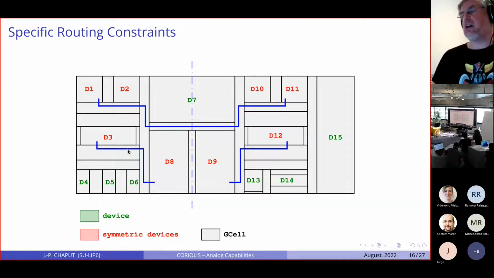Because often in analog design, it is not the absolute value which is important, it's the differential value. You can tolerate that a value can change inside an interval, but what you don't want is that two identical values stop being identical. So this is why we have symmetric routing, either for one net or for two nets.